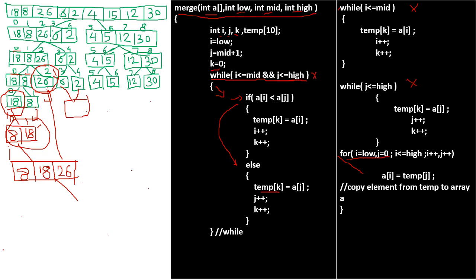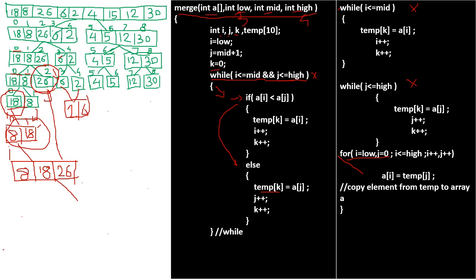Here we get 2 and 6, and our updated low value is 3 and the high value is 4.